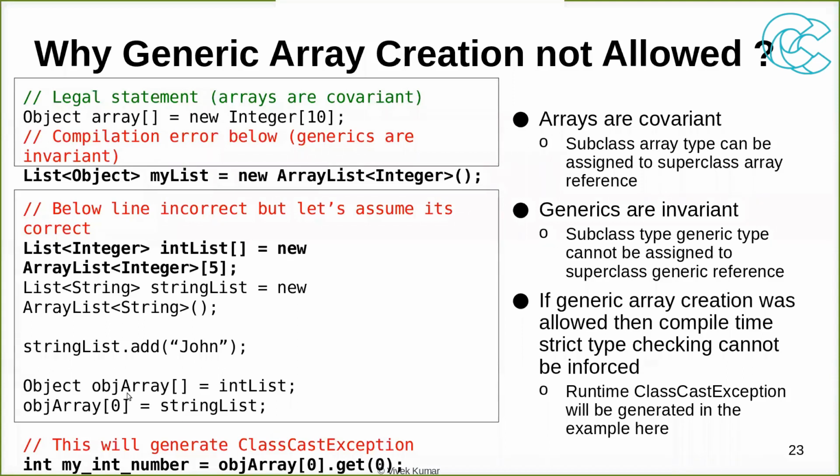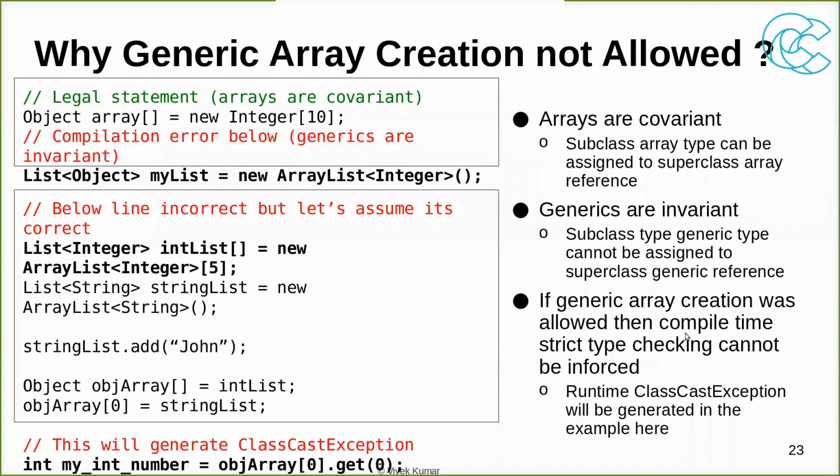On one hand you are saying that it's an object type list, but the first element contains a list of strings. At runtime, since we are erasing all the types, it doesn't know what type we are talking about, and there'll be issues. So you cannot do this strict type checking at compile time.